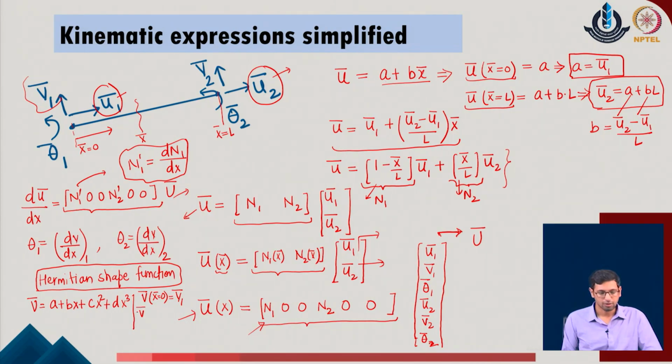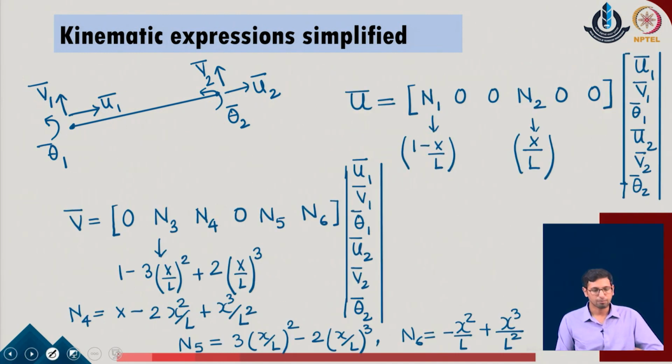Similarly, v bar derivative with respect to x at the position of x bar equal to 0 is equal to theta 1. So, this way we can define two conditions. At the end 2 also I can define two conditions which will evaluate the values of the 4 unknown parameters in the given system, and that way we can define the generalized shape functions which will also describe the variation of the displacement parameters v1, theta 1, v2, theta 2 in the given system.